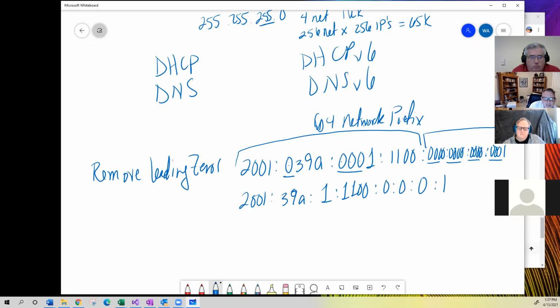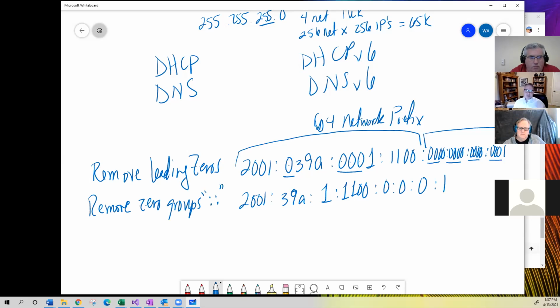And then the next one is removing 4 zeros, or a double octet. It's removing 0 groups and putting in a double colon in its place.